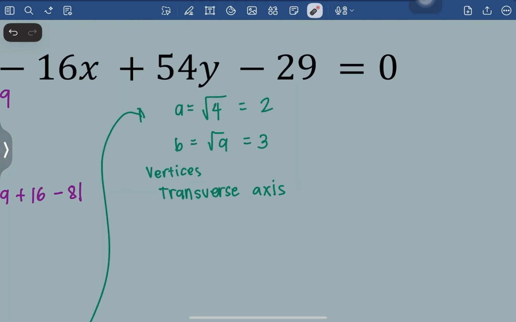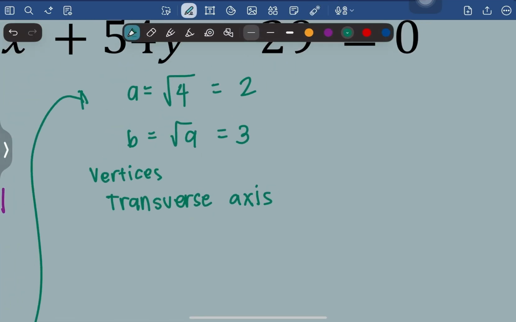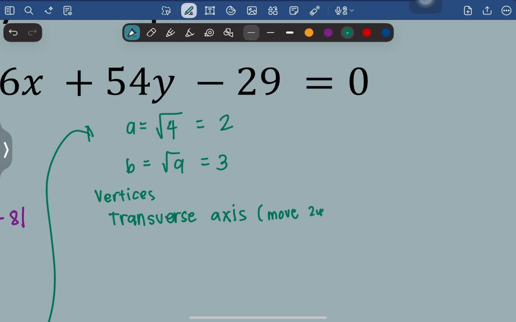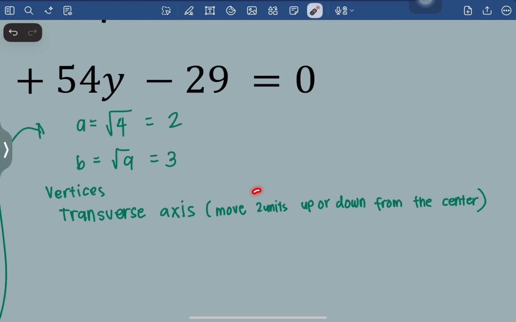So, nandyan po nakaparallel yung transverse axis natin. So, ibig sabihin, class, you need to move 2 units up or down from the center. Kasi yung nakuha nating value ng A is 2.